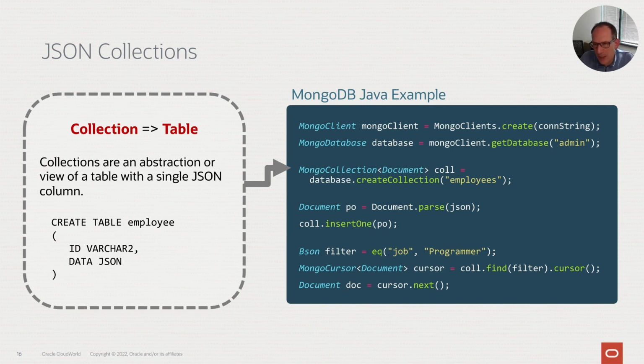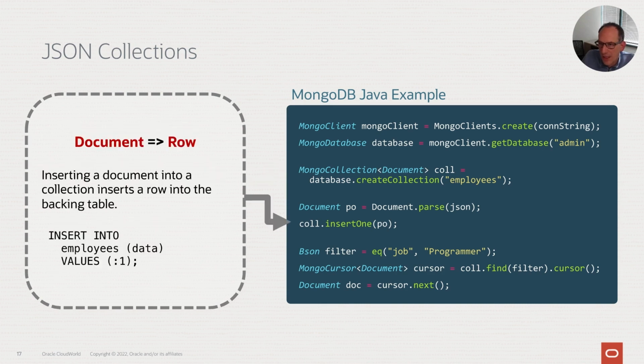Usually the user tells us what a table looks like, but what we're going to see is that if the user says, I want a collection that stores JSON, we can automatically create the corresponding table. In the simplest case, it would just be a table with two columns, the ID and the data as JSON, and this can perfectly serve as a JSON collection. And a single document, like the one we insert here, is a row in the table, so it's like an insert statement in SQL.